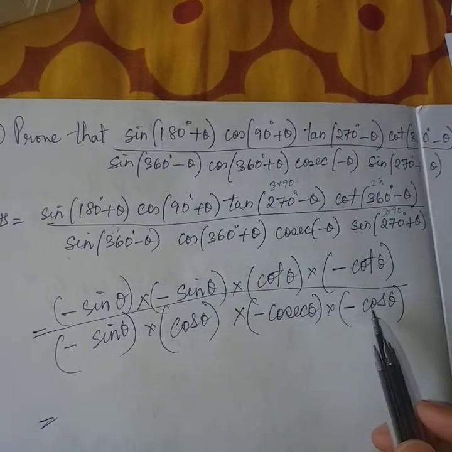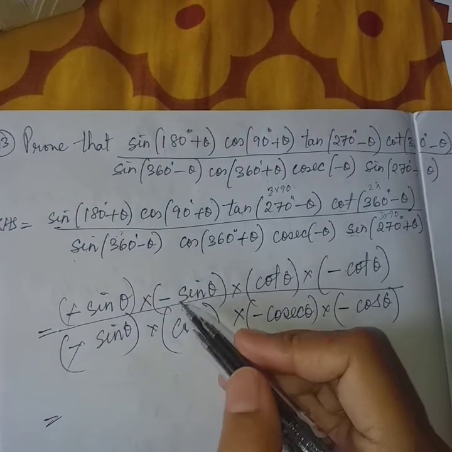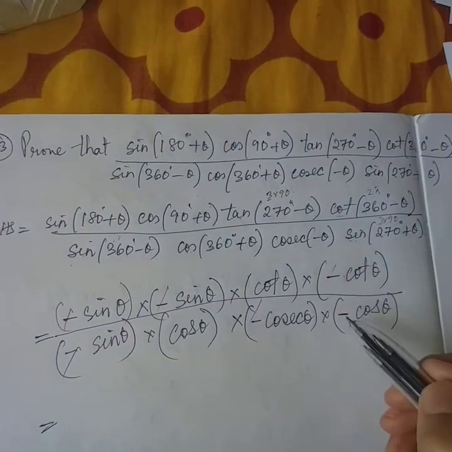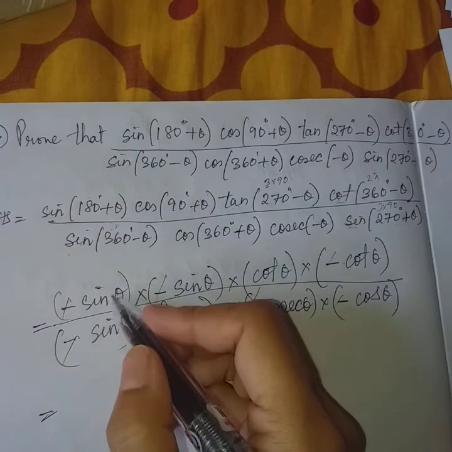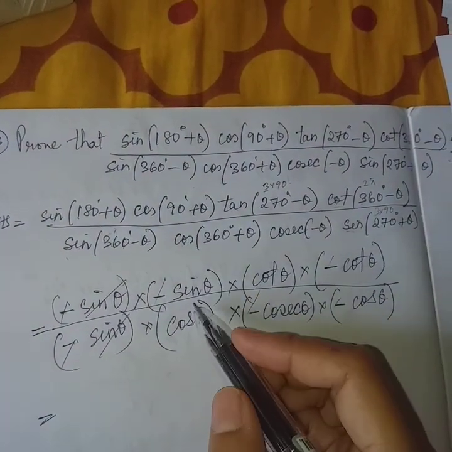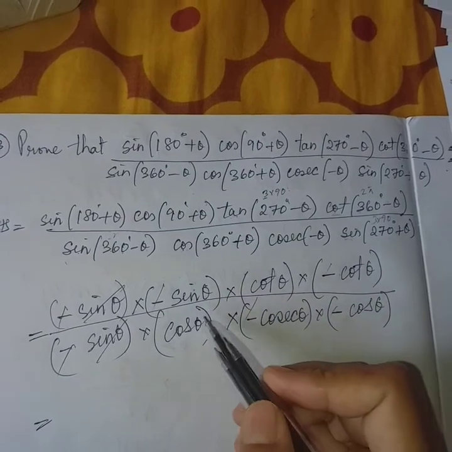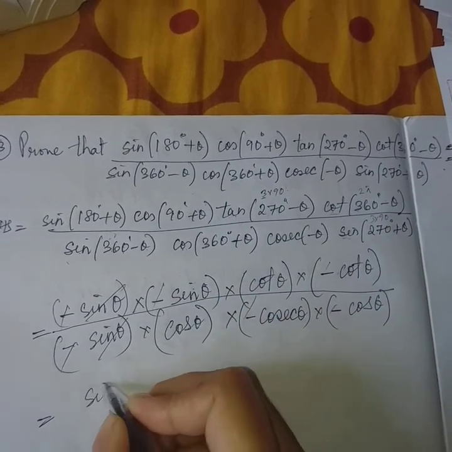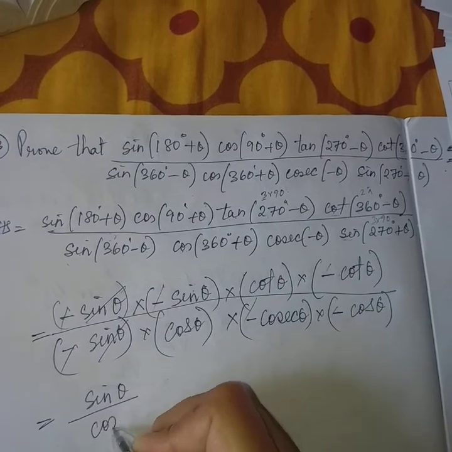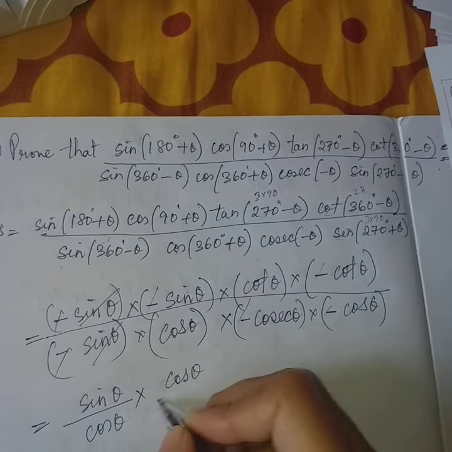Here we see that nothing can be cancelled as of now, only minus and minus get cancelled, and sine gets cancelled. So for the rest, we write it again, sine theta by cos theta into cot theta, which can be written as cos theta by sin theta.